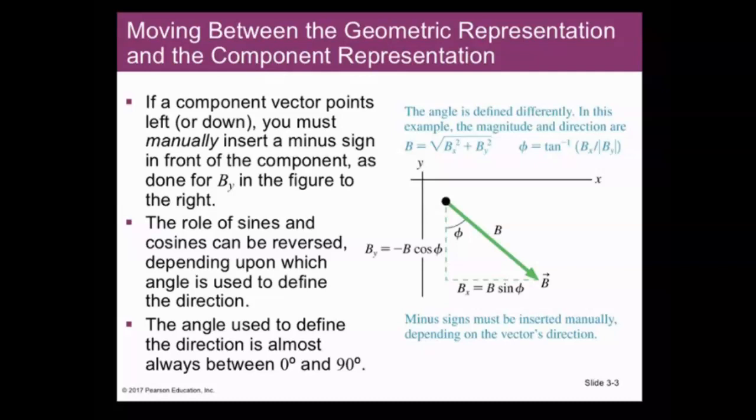In this example, we see that the sine of the angle phi is equal to the x component over the hypotenuse. If the angle was inclined with respect to the horizontal, b sub x would be equal to b cosine phi. The angle used to define the direction is almost always between 0 degrees and 90 degrees.